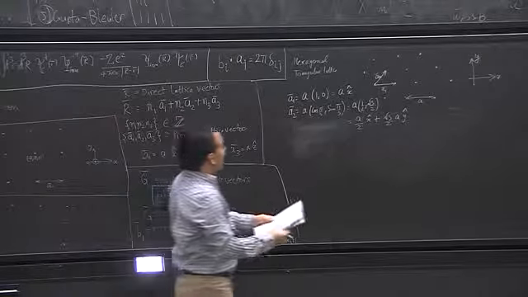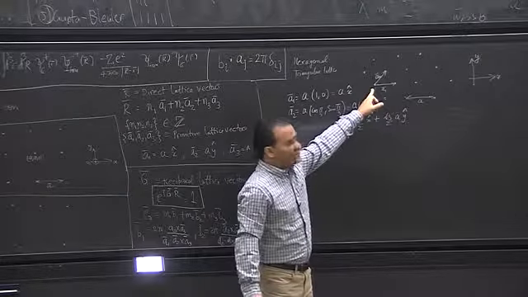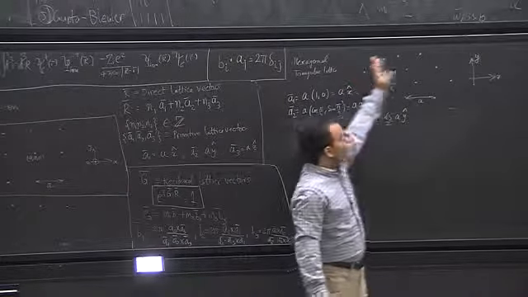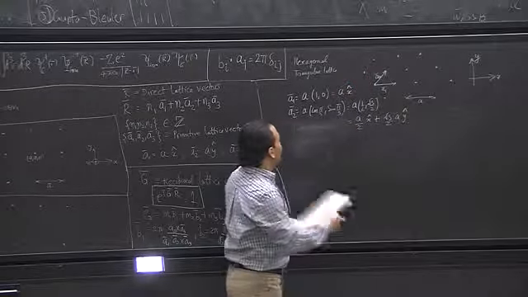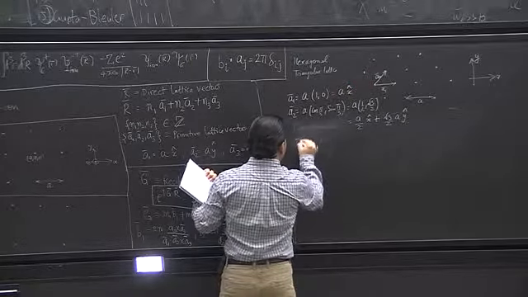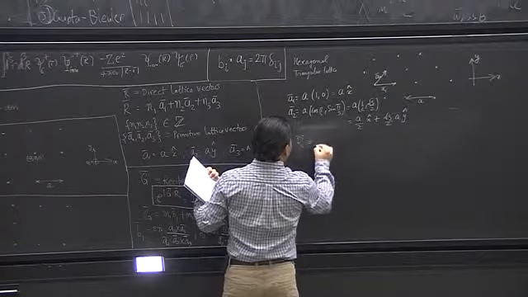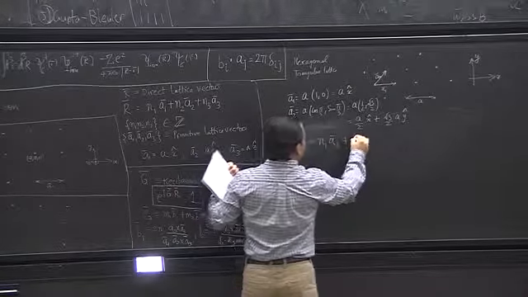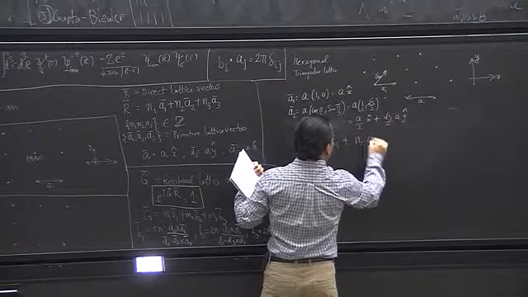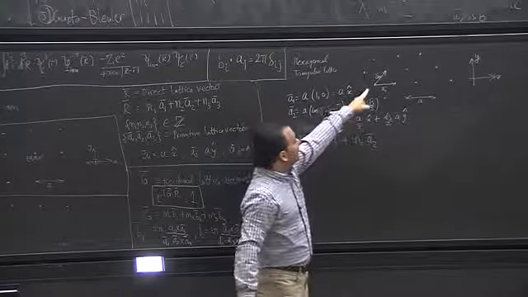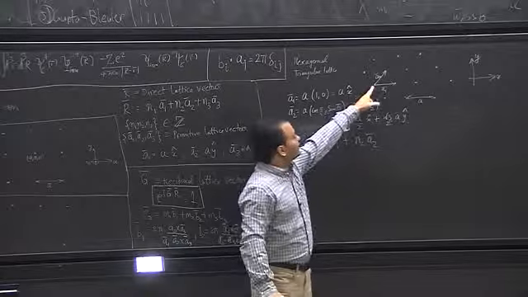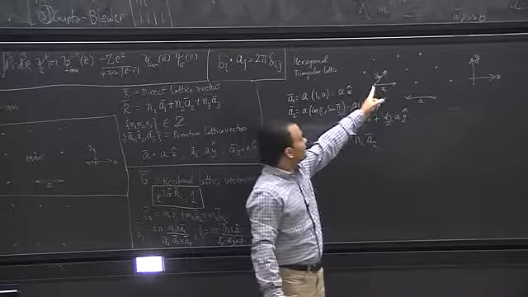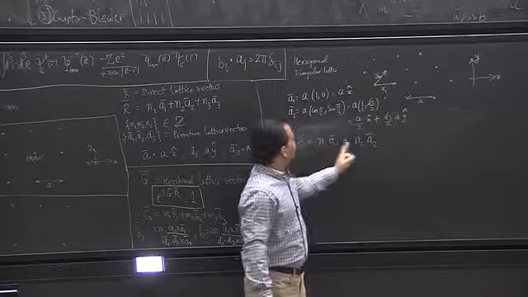Now you can check that if this is your origin, all of these points can be spanned by the direct lattice vector R, which is n1 A1 plus n2 A2. So this point, for example, is n1, n2 being 0, 0. This point is 1, 0.